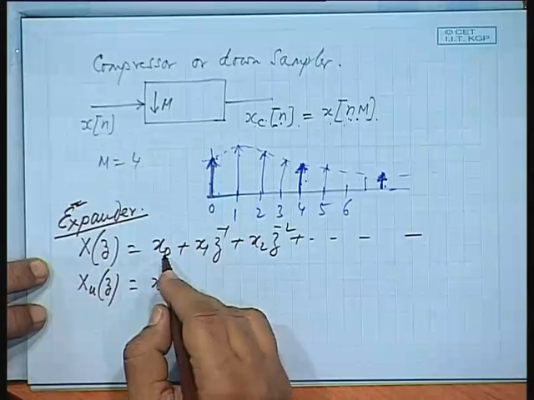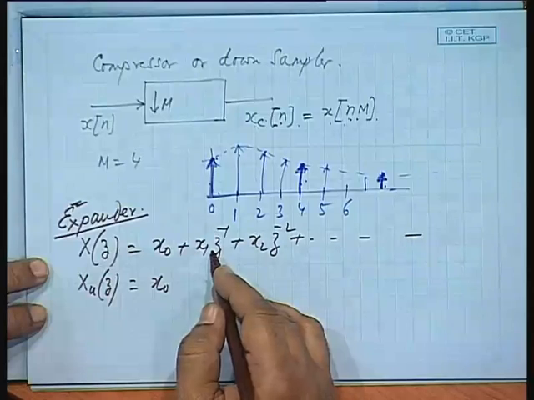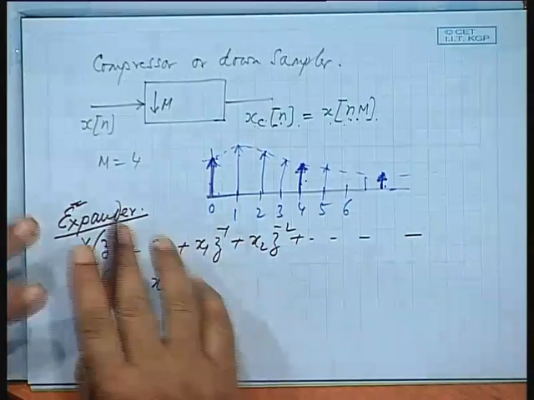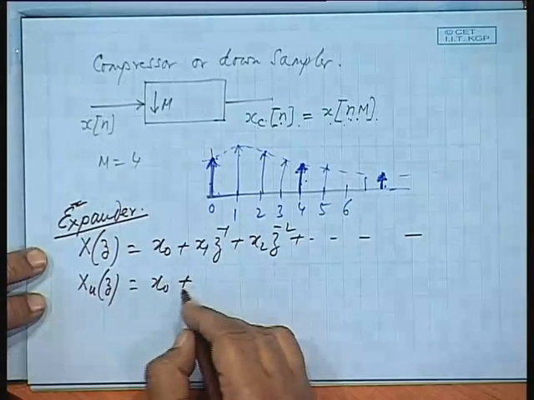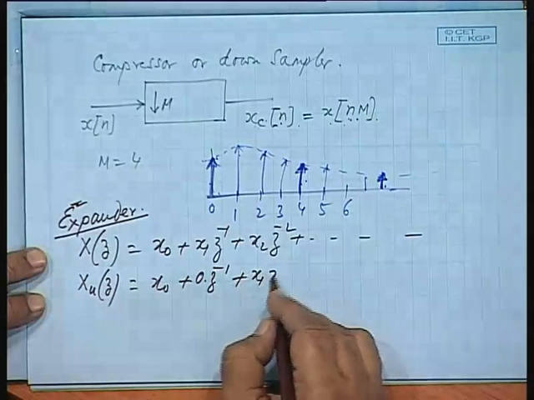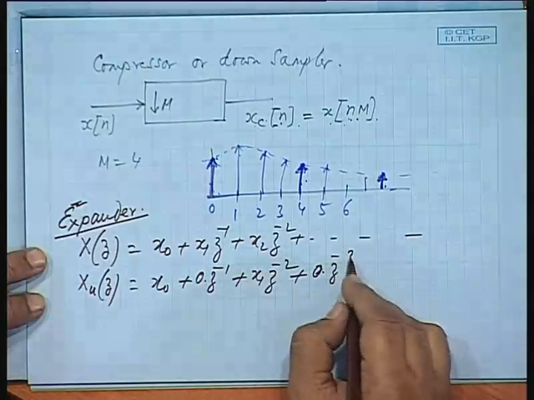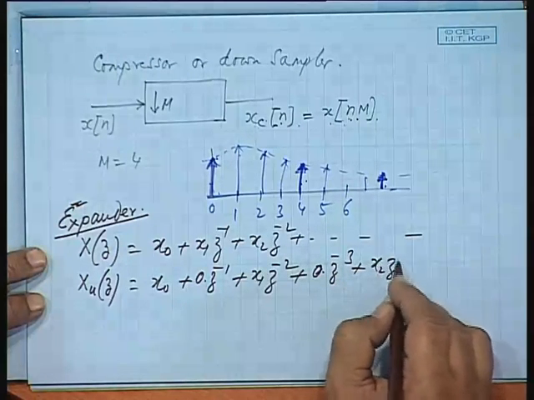So, the sequence is x0, then 0, then x1, then 0 and so on. Suppose you have expanded by a factor of 2. So, it will be x0 plus 0 into z to the minus 1 plus x1 into z to the minus 2 plus 0 into z to the minus 3 plus x2 into z to the minus 4 and so on.